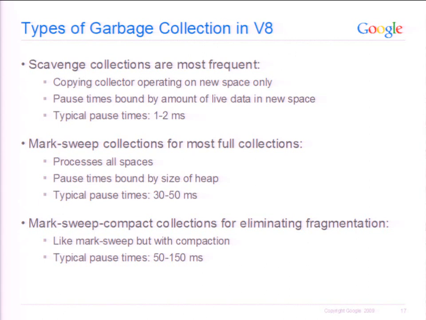And I would guess that 90 or 95% of all GCs are scavenges or copying collections. When objects survive the young generation, they're promoted to the old generation, and there we have two collectors. One is the Mark Sweep collector. It's somewhat slower, 30 to 50 milliseconds, if you have 10 to 15 megabytes of heap.